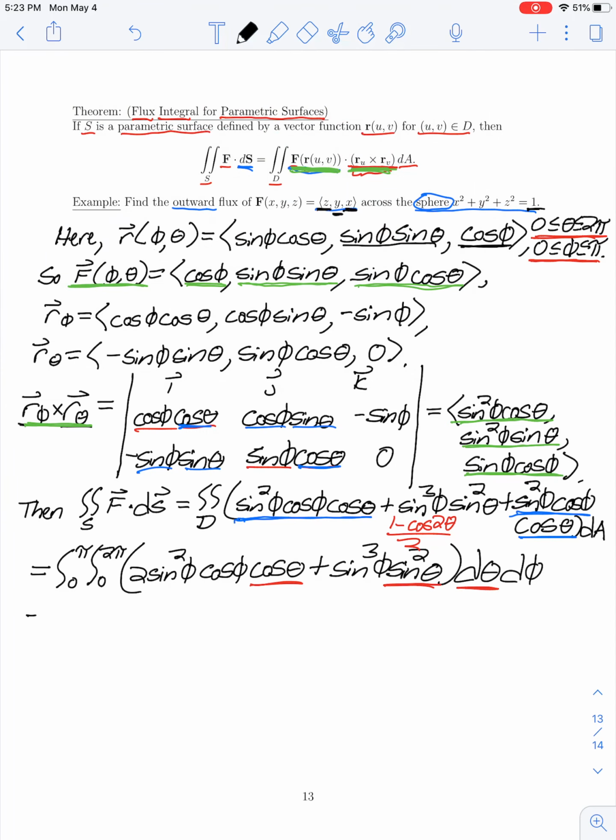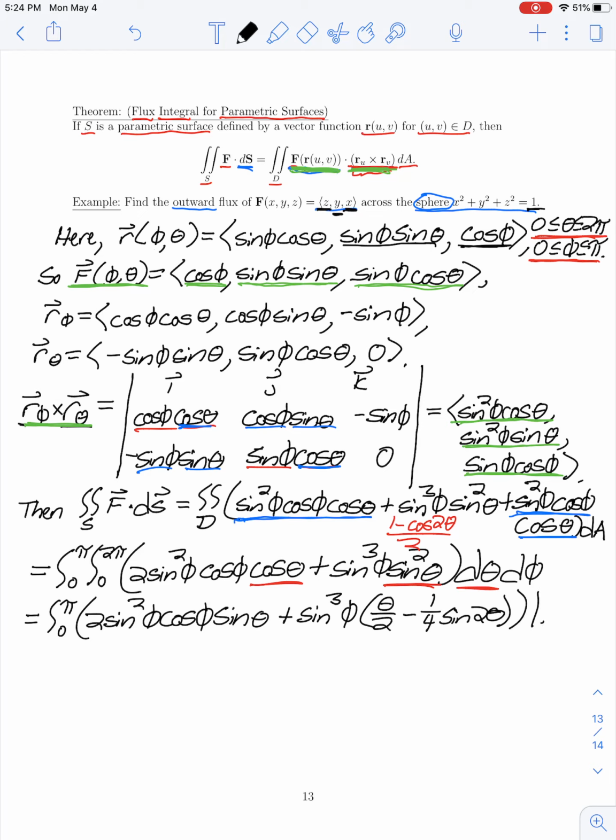And evaluating this antiderivative, we have the integral from 0 to pi of 2 sine squared phi cosine phi, and then the antiderivative of this cosine theta term is then sine theta, plus sine cubed phi times the antiderivative of our 1 minus cosine of 2 theta over 2 with respect to theta, which is theta over 2 minus 1/4 sine of 2 theta.